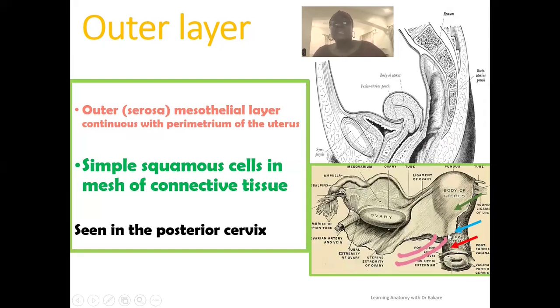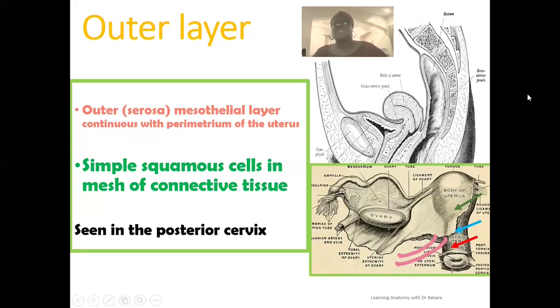It is seen to be limited to the upper constricted region that is referred to as the isthmus. But if you process the posterior region of the cervix, we should expect to see the outer serosal layer, because the peritoneal covering at the posterior region is seen to extend to the posterior surface of the cervix.